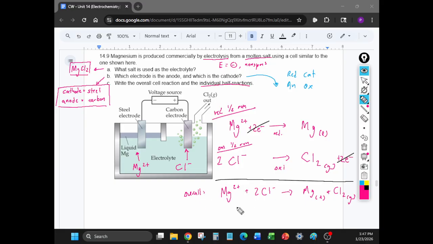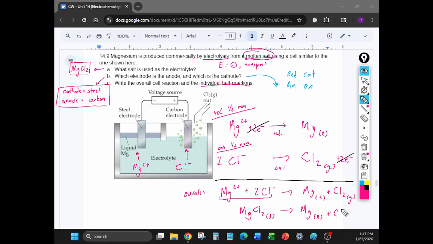Okay, now, there is something that I do want to mention. If you have it like this, that should be fine. However, this question does specifically say that we have a molten salt. So this area right here where it says electrolyte, this teal color thing, this is the molten salt. And the molten salt is MgCl2. So we can combine this to MgCl2 liquid and then complete the reaction as well.